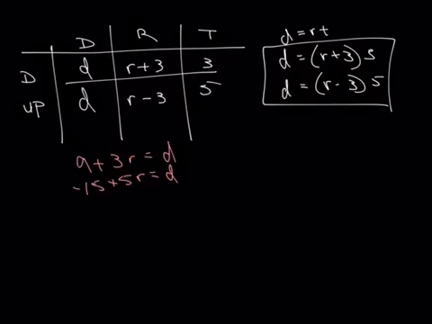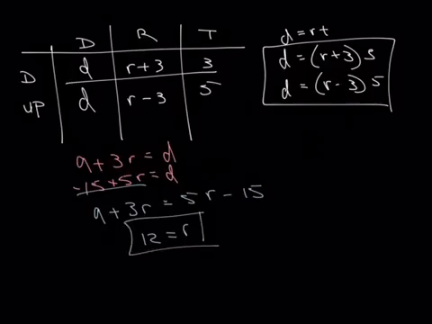So I can rewrite this then as 9 plus 3R equals 5R minus 15. I just switch these two around. And then I go ahead and find out what my R is. R is 12. So my rate in still water is 12. So we didn't even use systems of equations. We just used some common sense, some logic, made our table, and then we were able to solve that.